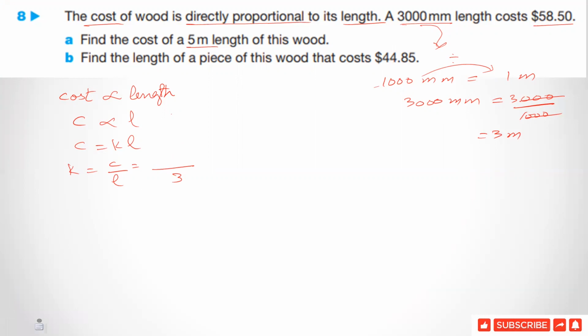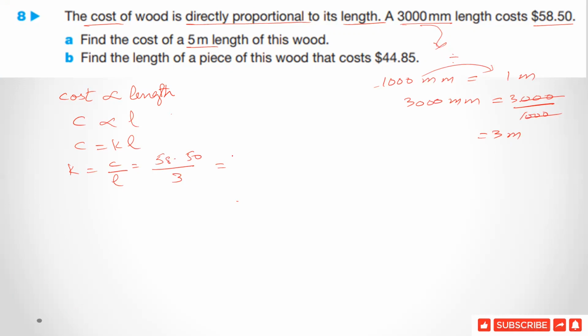This one, okay. Here, this is $58.50. So what is the K? If you divide it, I do divide, you also divide. I got 58.5 divided by 3. I got 19.5. So this is not the answer exactly.